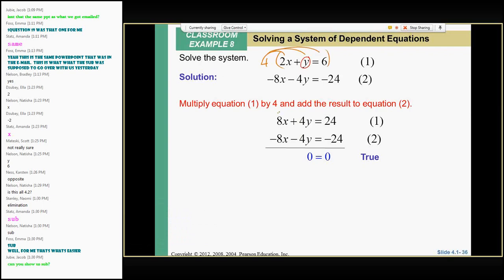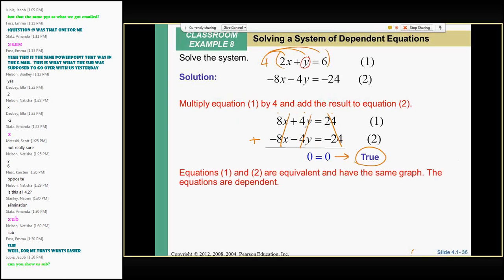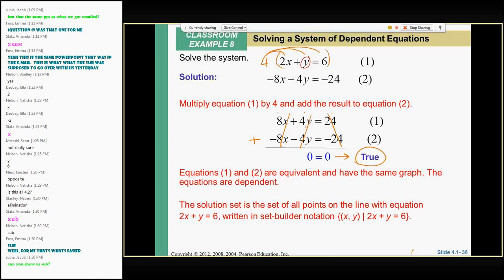So you get 8x plus 4y equals 24. Okay. So you don't even know that this is a special case right away. I can show you substitution, yes. But however you solve it, if you notice, those get eliminated, so they really go to 0. And the stuff on the right side also goes away. So because 0 equals 0 is a true statement, you would say the solution set is infinitely many solutions.